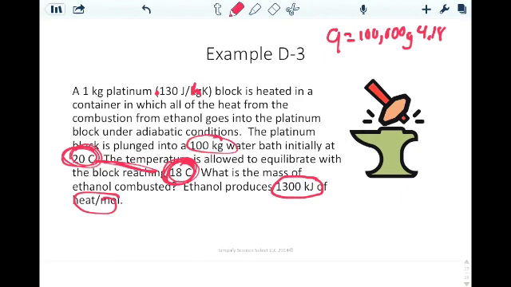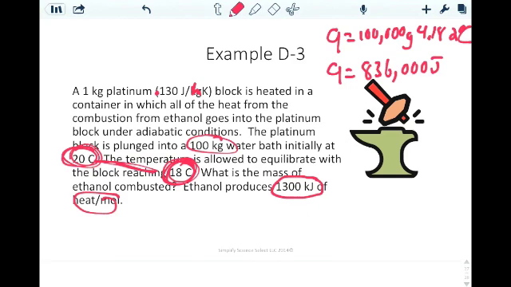So what we see is that our change in temperature is 2 degrees Celsius. So not a lot of change in temperature, but it is some. And so we get our Q, which is going to equal right around 836,000 joules.